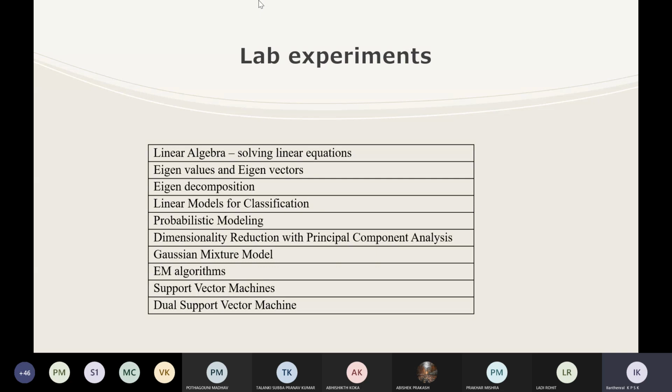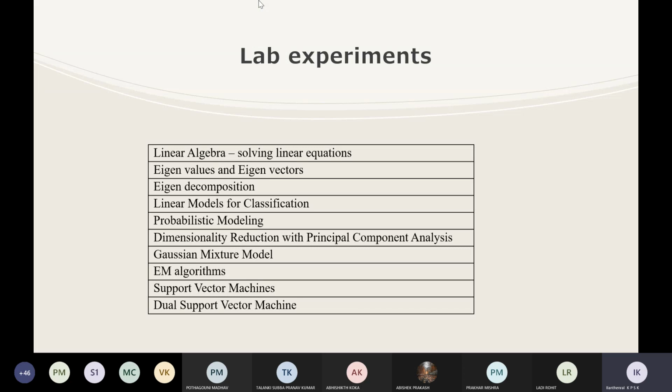There are several methods you can use, or Gauss-Jordan elimination, anything that you want to use. Your choice. Next are eigenvalues and eigenvectors, and matrix decomposition. Then linear models for classification, probabilistic modeling, dimension reduction with PCA, Gaussian mixture models, EM algorithms, support vector machines, and dual support vector machines. So this whole bunch is going to be your lab experiments.